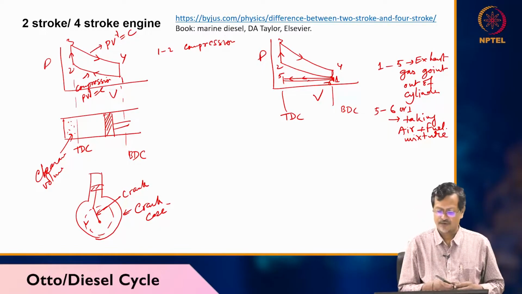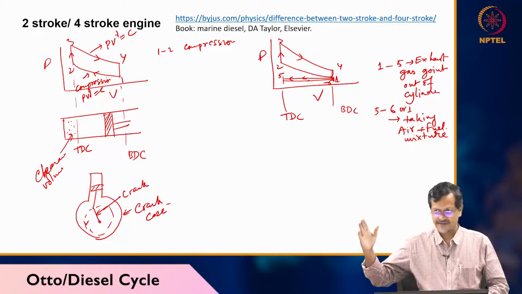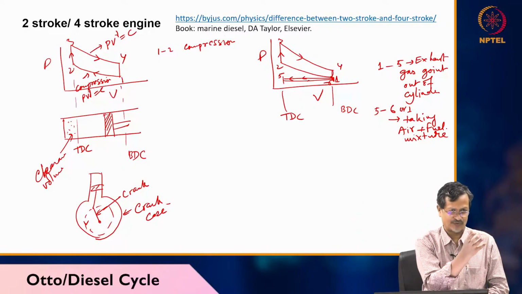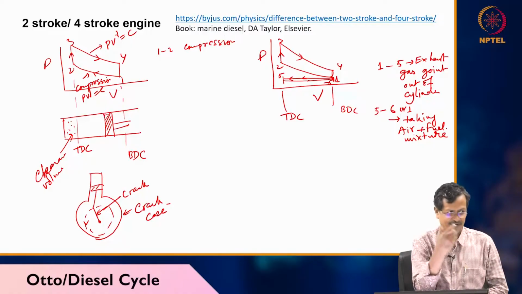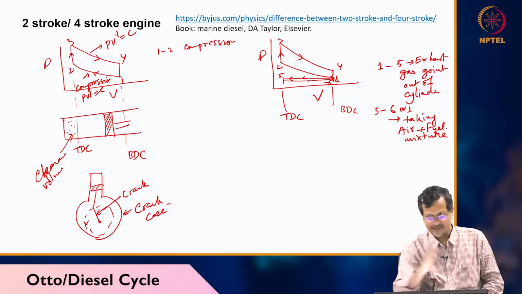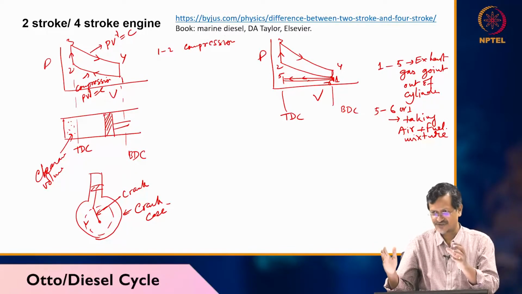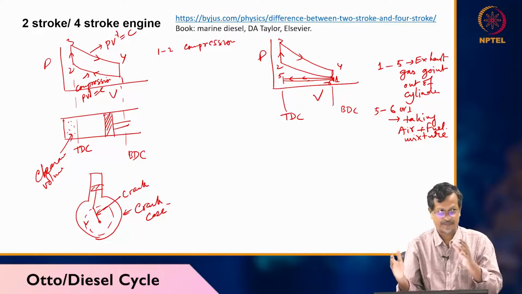Now what happened? After the power stroke, you removed all the burnt gas, and there is no fuel available because combustion already happened. Again it moves towards BDC and takes fresh air plus fuel.